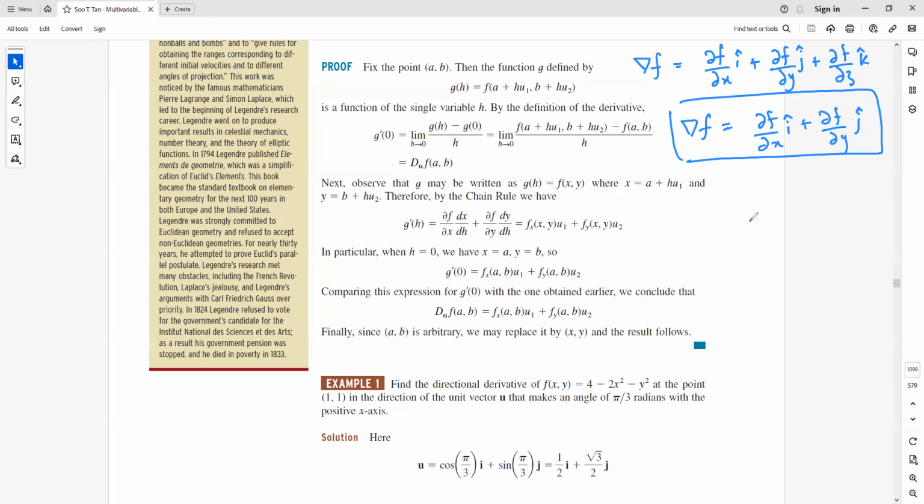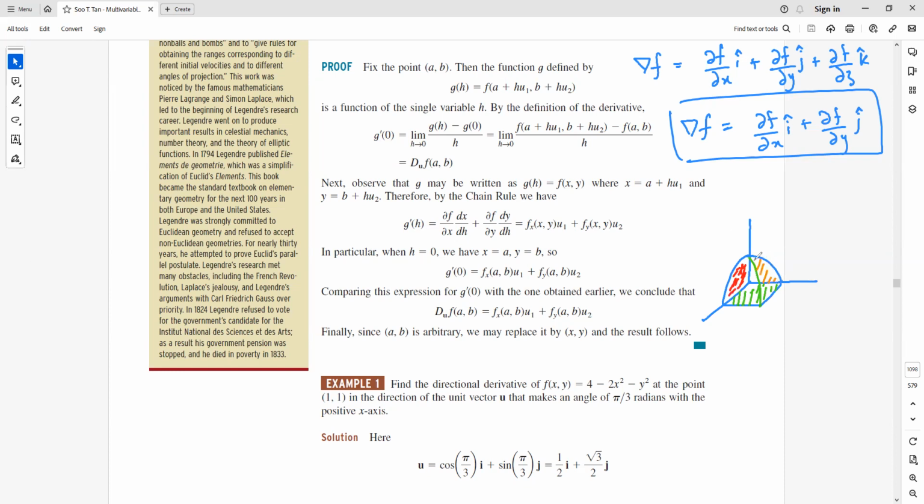We can see this, for instance, if we have a surface. Let's say some function f is defining the surface, and we can just color it so it looks like a three-dimensional surface.